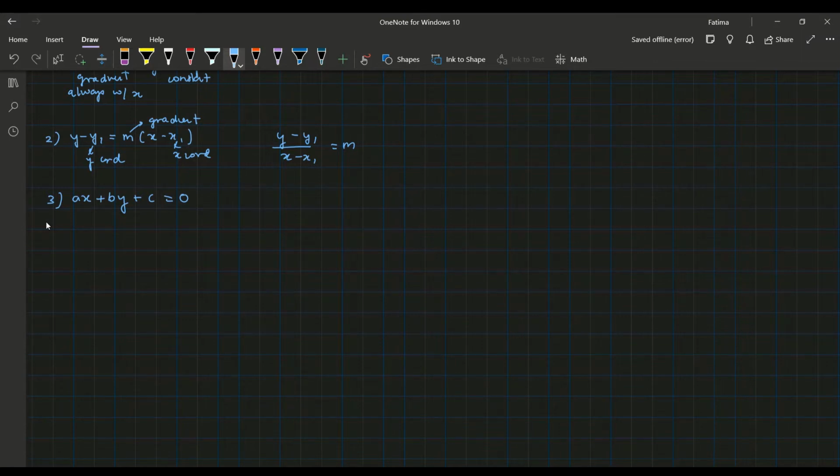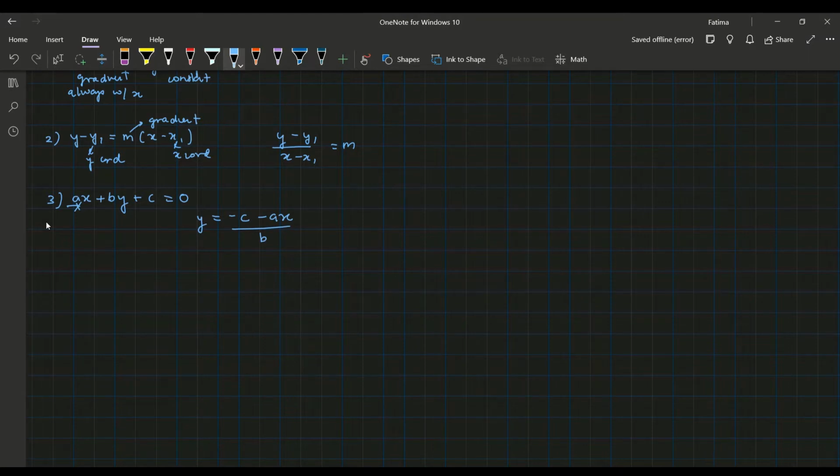Now, you should be careful with this because first we'd have to make y the subject of the formula, and then we can determine what the gradient is and what the y-intercept is. So if I made y the subject of the formula over here, that would be y is equal to minus c minus ax upon b.